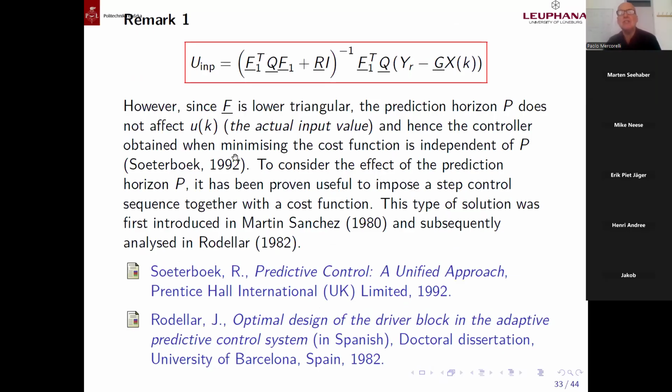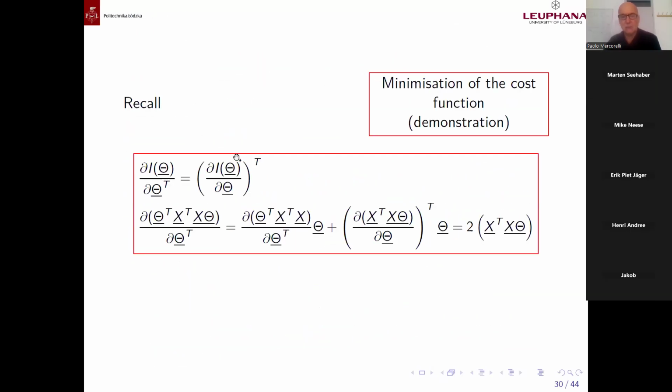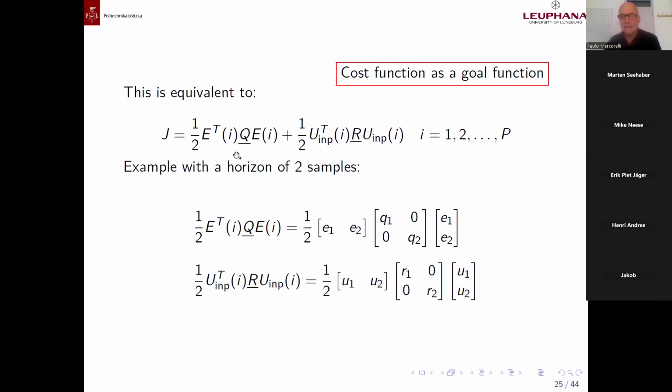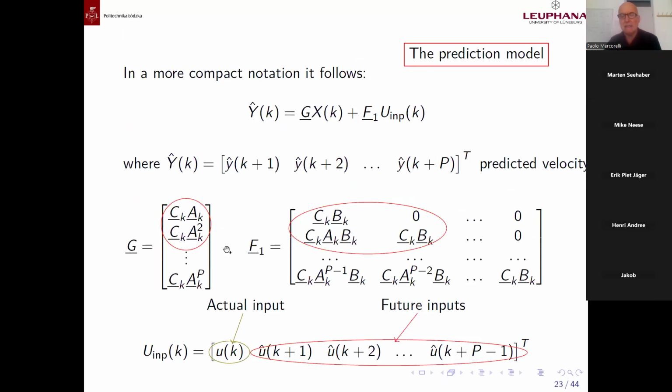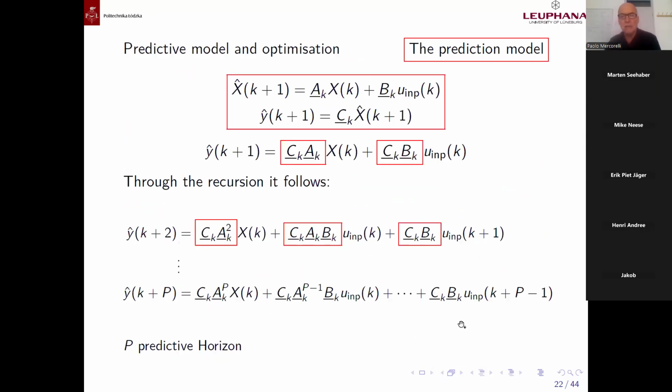As in a vector which considers, exactly what I told you at the beginning, the actual input and the future inputs until p minus 1, the vector u, in which u is the input at time k, the input at k plus 1, and so on. Basically, the structure of the problem, of the predictions, is this one.